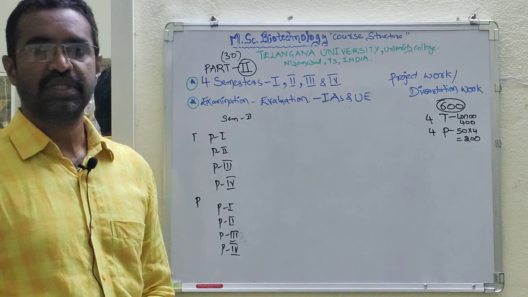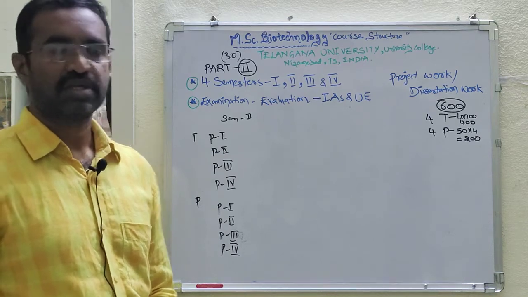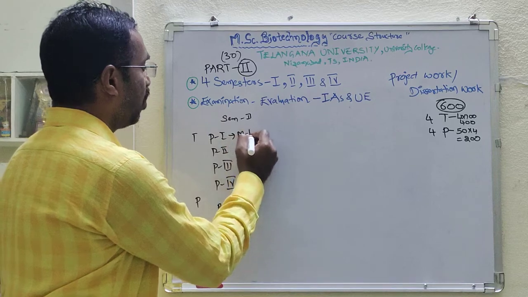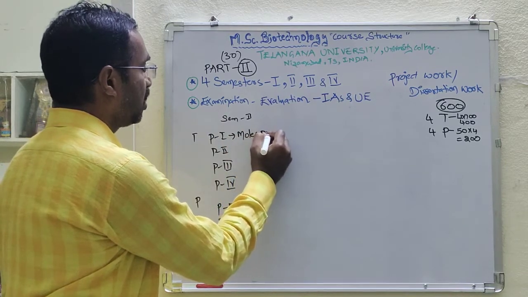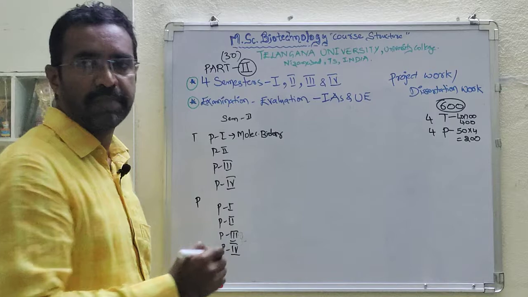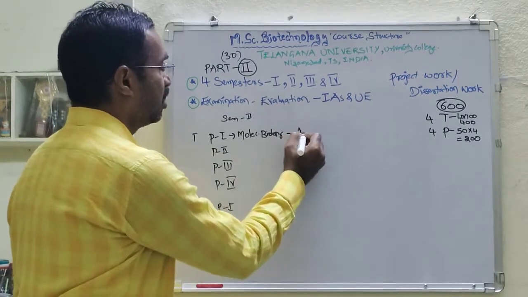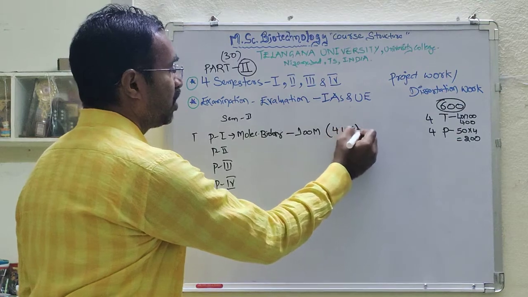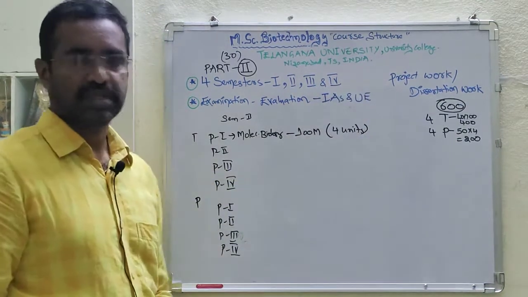If you see the further details of this semester, the first paper is molecular biology. Again in each semester each paper is having 100 marks. Again 4 units, similar to that of the first semester.